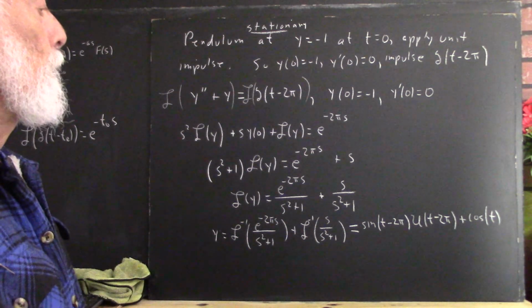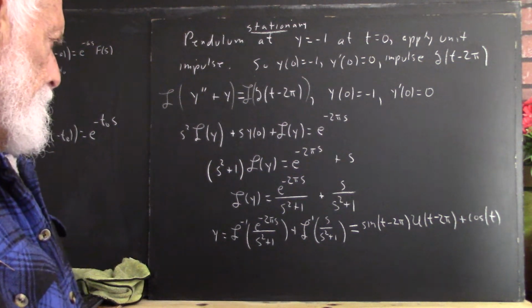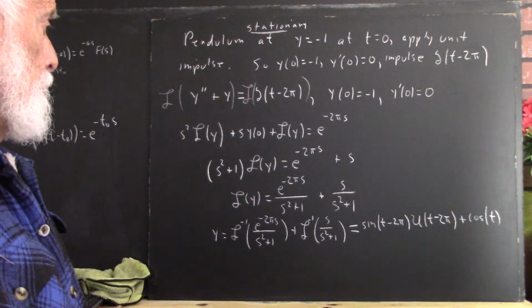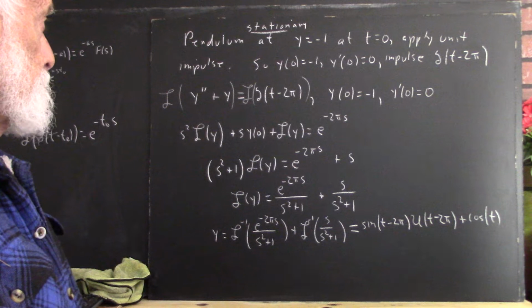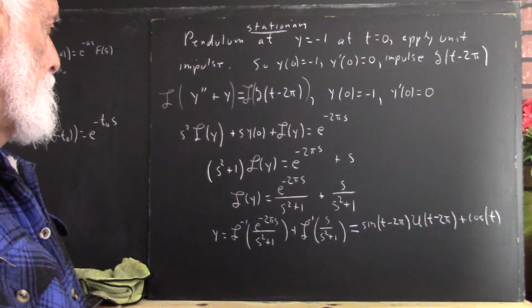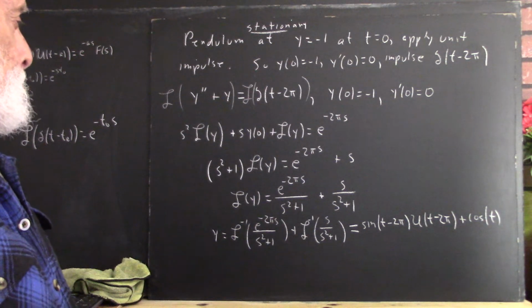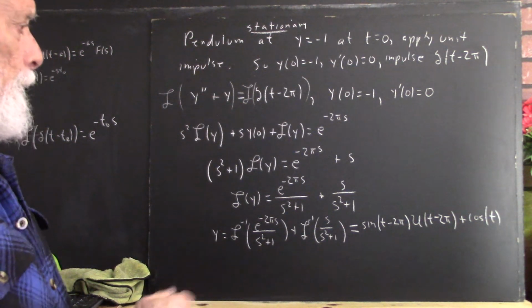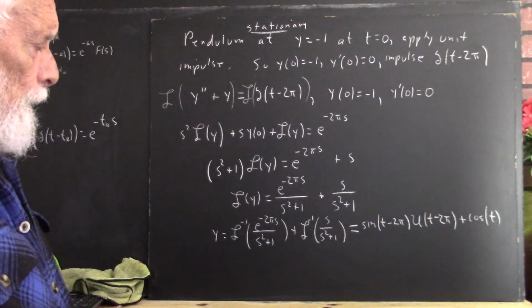What does the solution look like? I'm trying to make sense of it, if I got all my signs right. You're going to be out of phase. Sine's going to stay in phase. Cosine is going to do what it does. So you're going to have the cosine function imposed on the sine function.